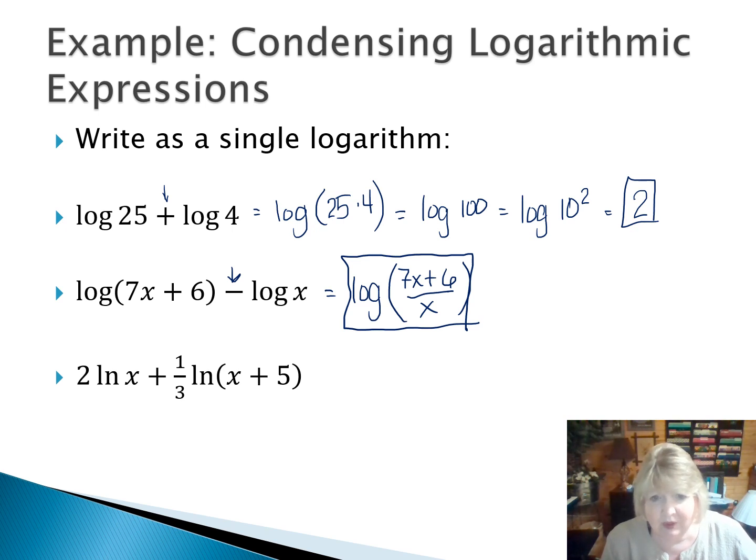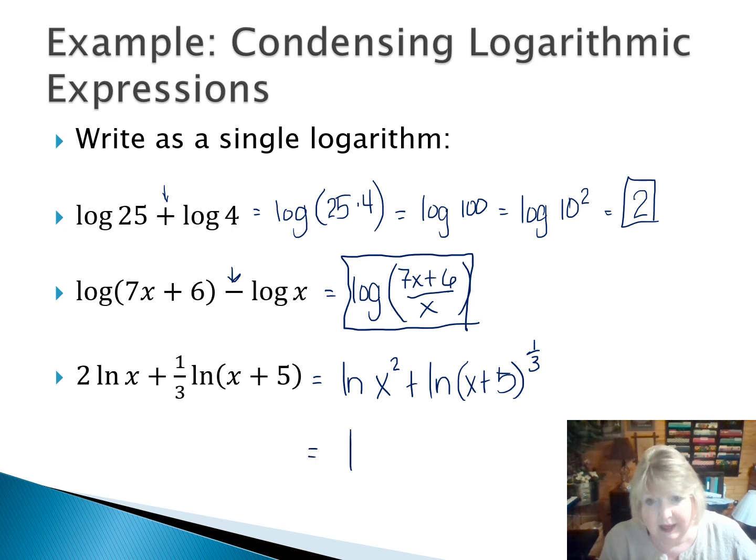This one, however, looks a little more complicated. There are products here. Well, it was when you raised to a power that we multiplied, so I'm going to take those powers back. I'm going to call this natural log of x squared plus natural log of (x plus 5) to the 1/3 power. I still don't have it down to just one natural log, so I still have another step to go.